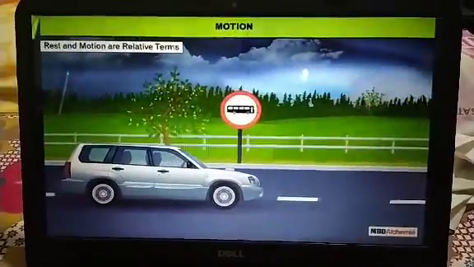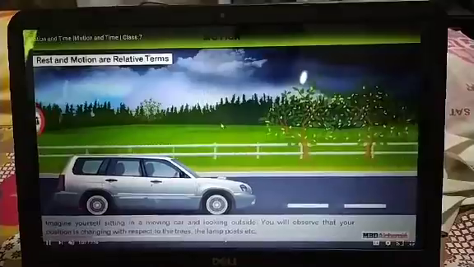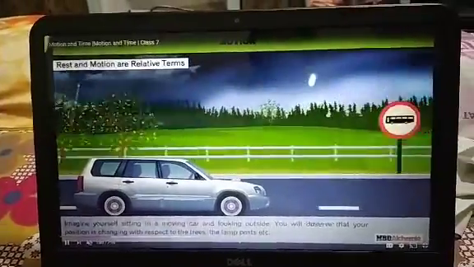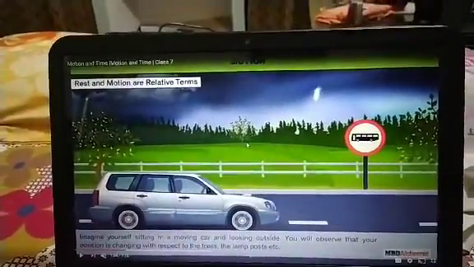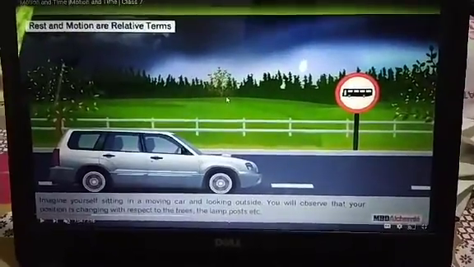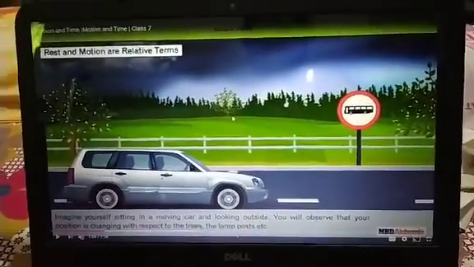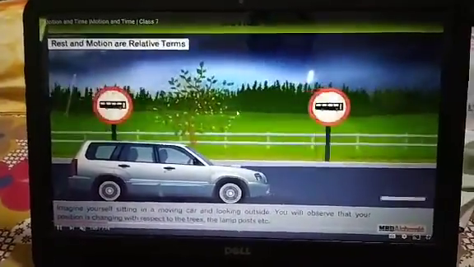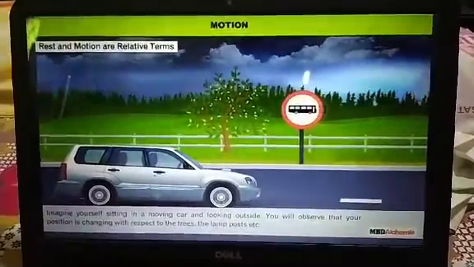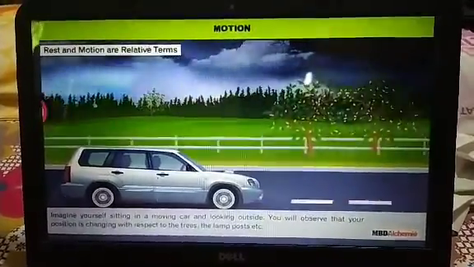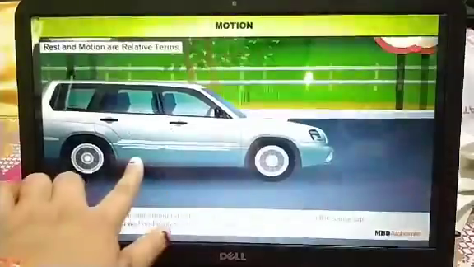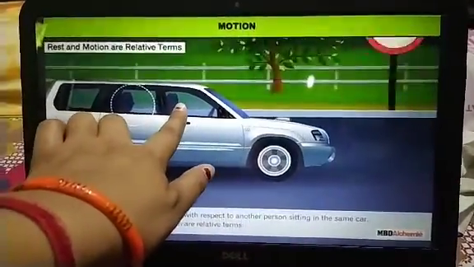Just look at this person moving in a car, right? है ना? It means it is in motion. But can you see here? Yes, this car is in motion, but still you can see that this person and this person are not changing their position.